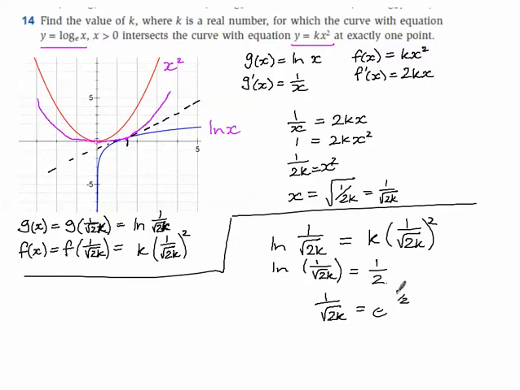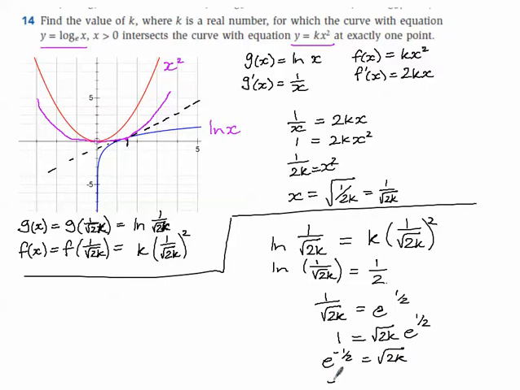So we end up with e to the half, and then we're going to multiply by our root 2k, and then we'll divide through by our e to the half. But remember, by dividing through, that makes this a negative power. Okay, and then we've still got our root 2k.